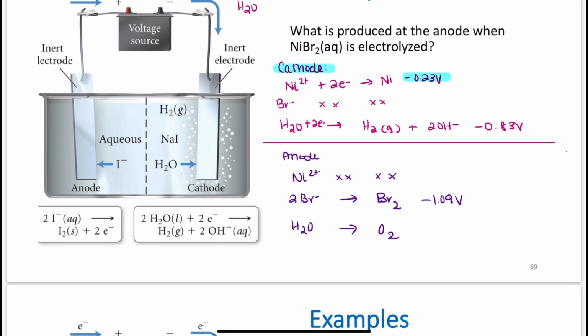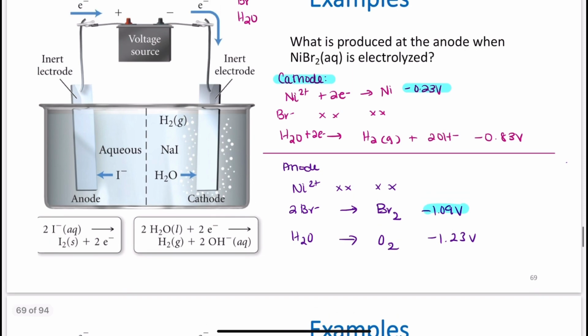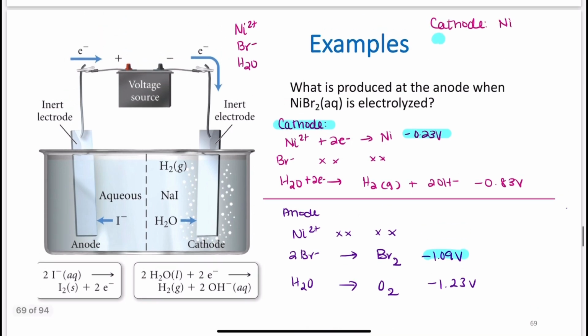Water forming O2, negative 1.23 volts. Again, it's kind of like putting it on the number line, going from 0 in either direction, picking the most positive and most negative, or we can use the reactions listed on the table, flip them around, and see what's actually going to happen. So at the anode, I will be forming Br2.